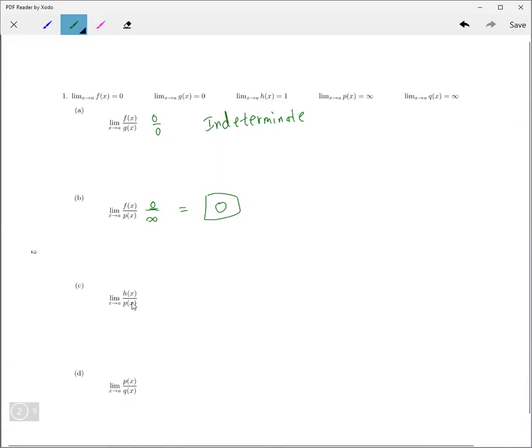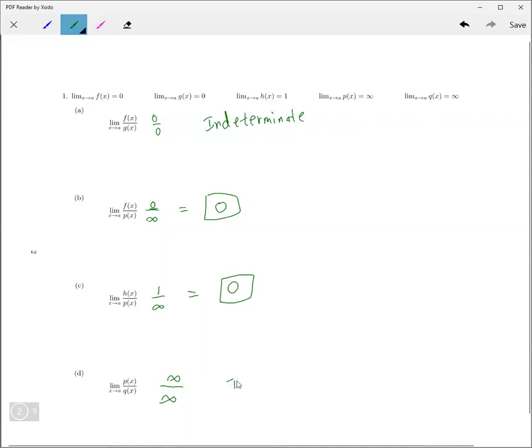Okay, now let's see. h is 1, and p of x is infinity. So you take 1 divided by infinity, that's going to be 0 also. Okay, and so then this last one, p of x is going to infinity, and q of x is also going to infinity.